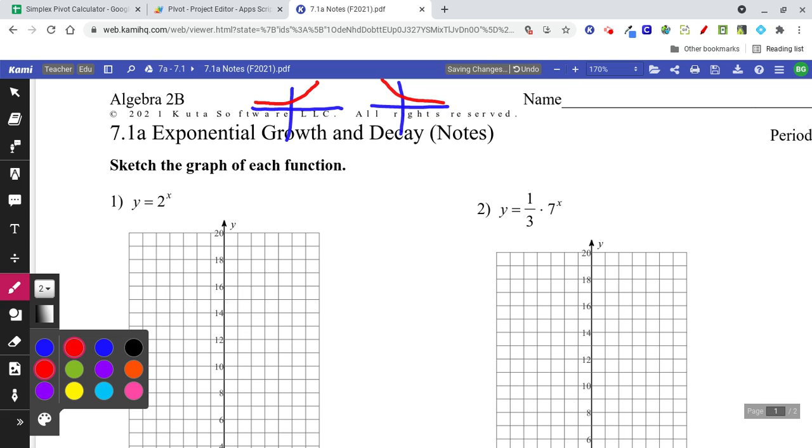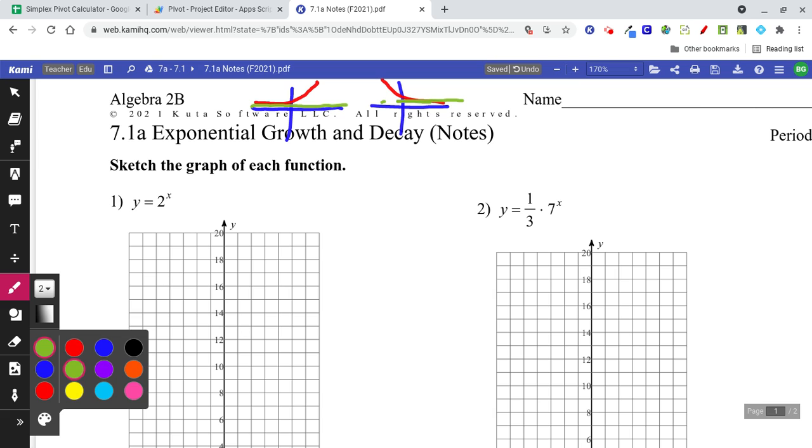Now, something to notice is there's something called an asymptote. An asymptote is just like a flat line that the graph approaches but doesn't really touch. It's going to get closer and closer to flat. In a growth problem, the flat part is on the left side, and in a decay problem, the flat part is on the right side.